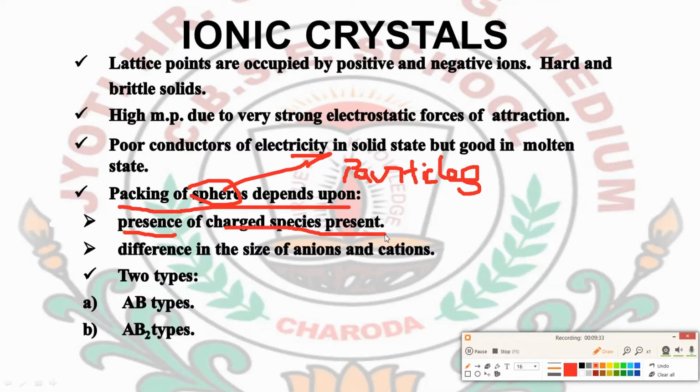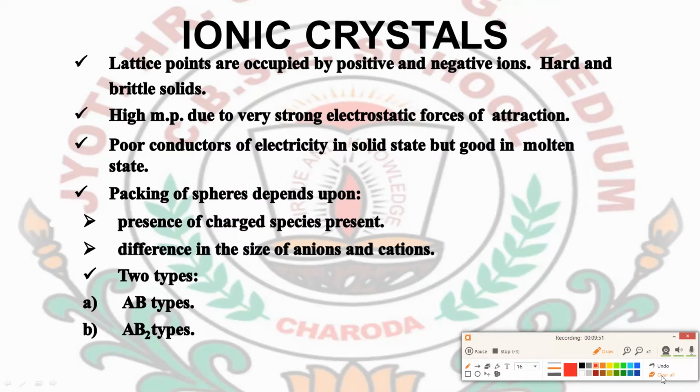How many charged species are present there, on that it will depend. Second, the difference in the size of cations and anions. The size of the cations and anions also will affect the packing of the spheres here for ionic crystals.